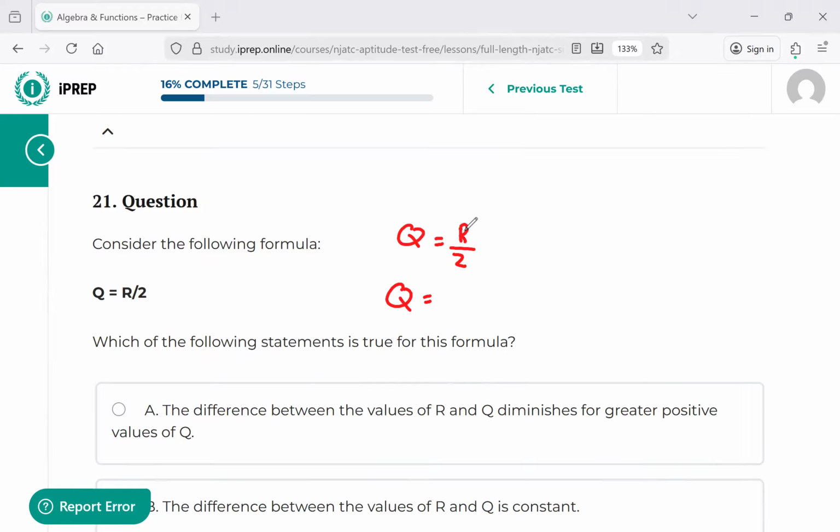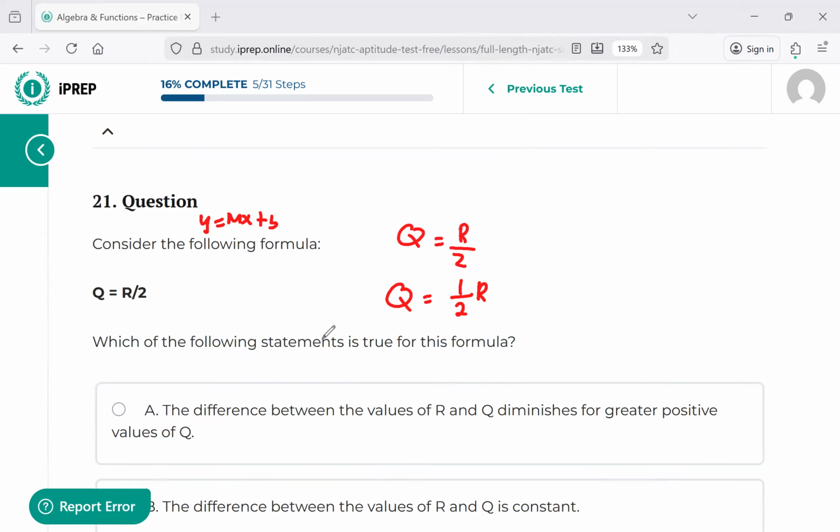You could put r on the top or the center, but never on the bottom, because if it's in the bottom, it's irrational. So you can rewrite this as one half r where the r is in the center, right? So this is a linear line, and I know it's because it's in the form of y equals mx plus b. The only difference is we don't have a b, our b is 0, so that means it goes through the origin.